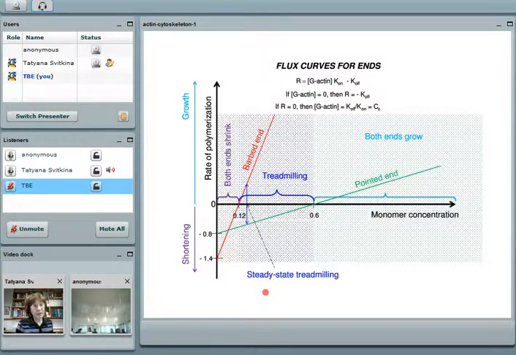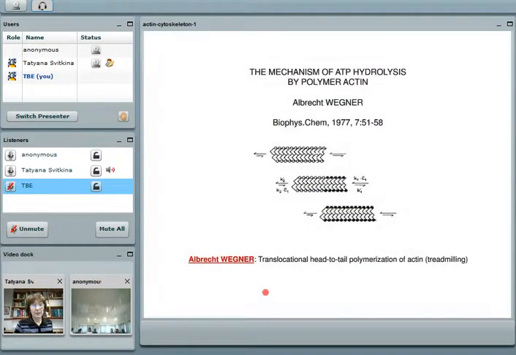What happens at this particular concentration is that subunits constantly exchange. The monomers are added to one end and removed from the other end. The filament maintains the same length, but it is not the same over time.